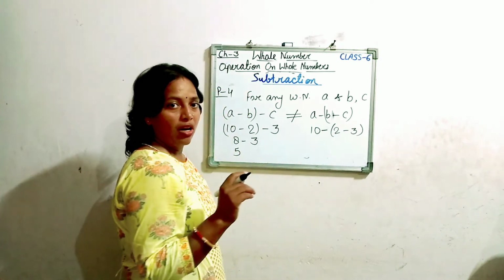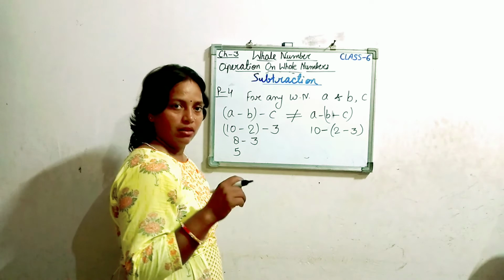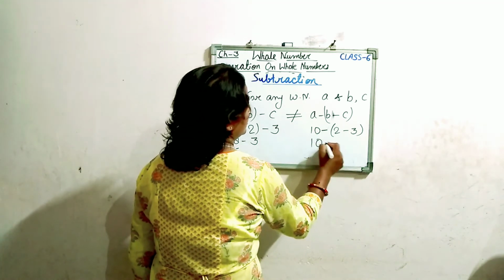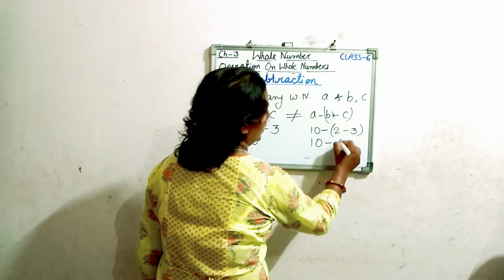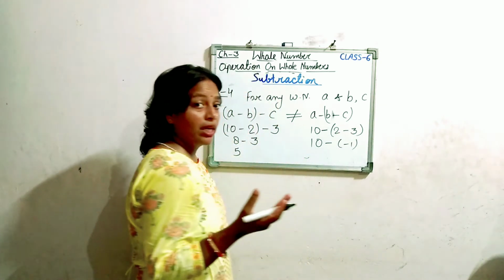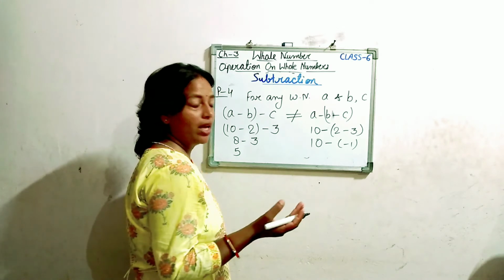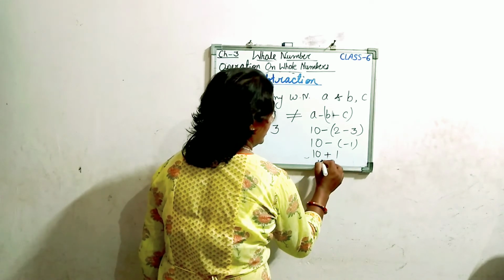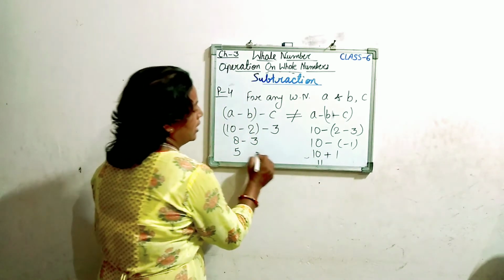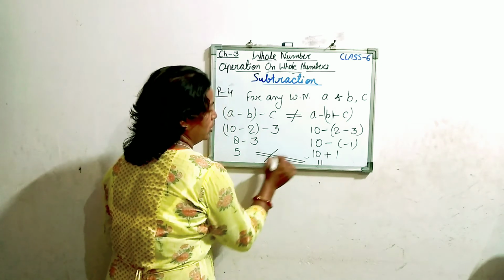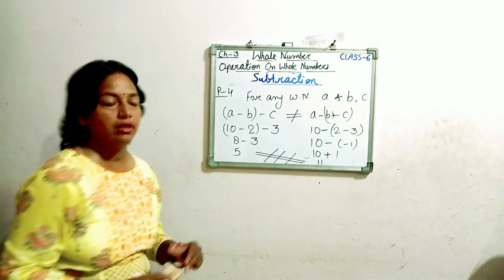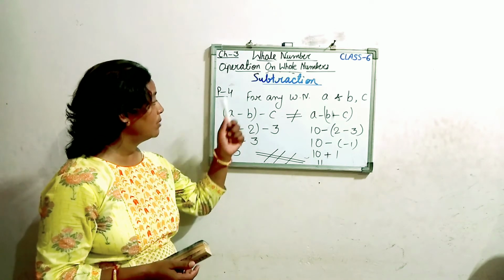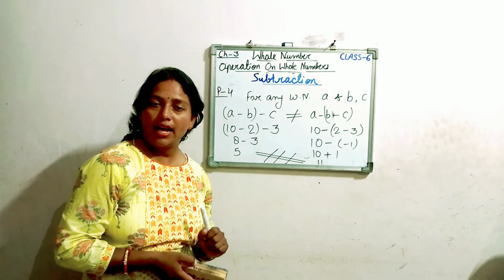Students, knowledge of integers is coming in advance here. When the integers chapter comes, we will continue that. So look at here, 10 as it is, minus 2 minus 3 means minus 1. Why this happens, we will explain again in integers. Okay, 10 minus minus 1 is plus 1, 11. 10 plus 1 is 11. Are they equal, students? No, they are not equal. This is property number 4. So the name of this property in addition was the associative law.